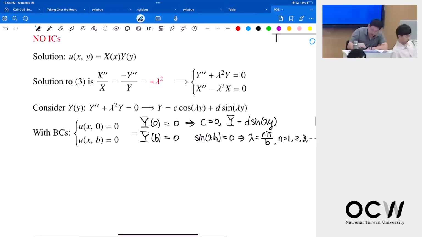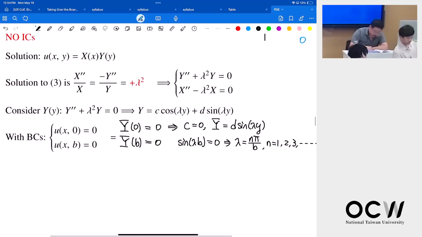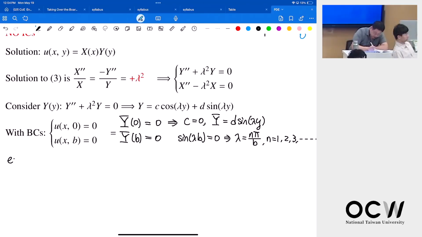Then the eigenvalues lambda will be n pi over b, with n from 1 to infinity.